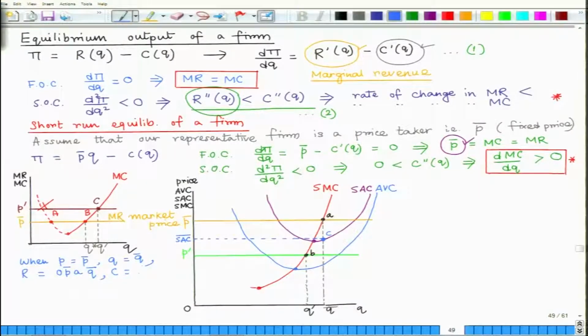So basically here in this case we get this area O, SAC bar, then this point C, and then finally Q bar, right. So in this case you can see the firm is making a positive profit because the revenue is higher than the cost the firm incurs, right.